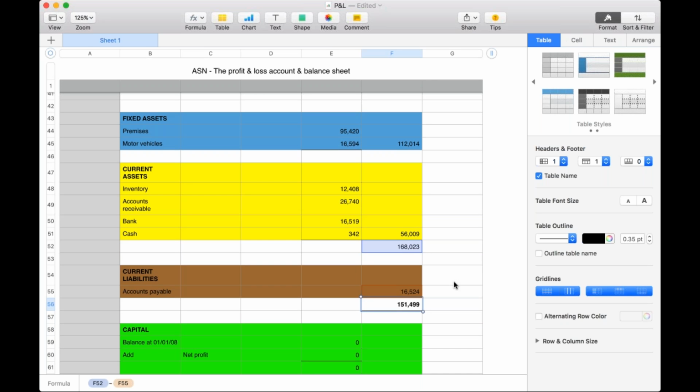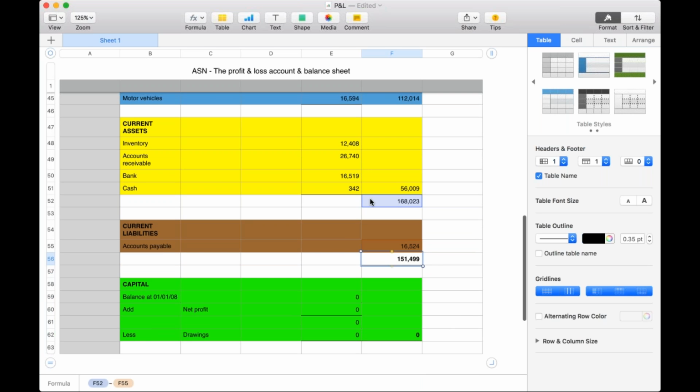So that gives us a plus figure, which we would normally expect. A balance sheet is nearly always going to be a plus figure unless the business is insolvent, which we won't go into now. But normally your assets are going to be greater than your liabilities. So in this case, our assets minus our liabilities equals a figure of 151,499. So that's basically the assets minus liabilities section of the balance sheet.